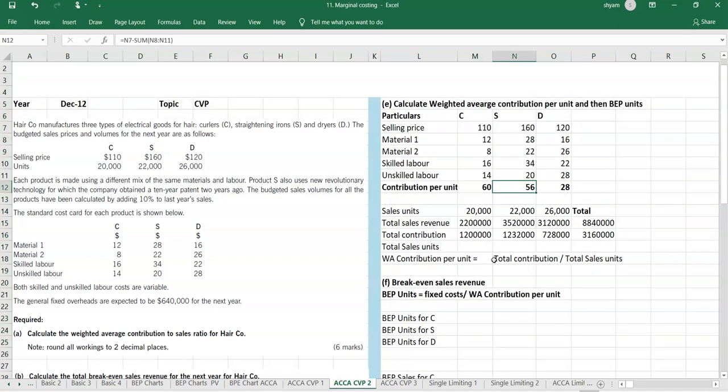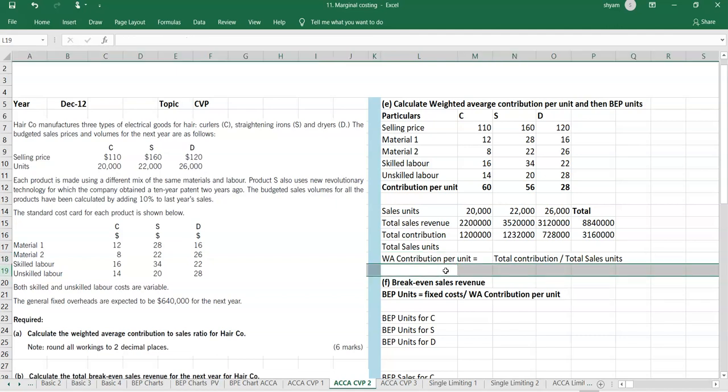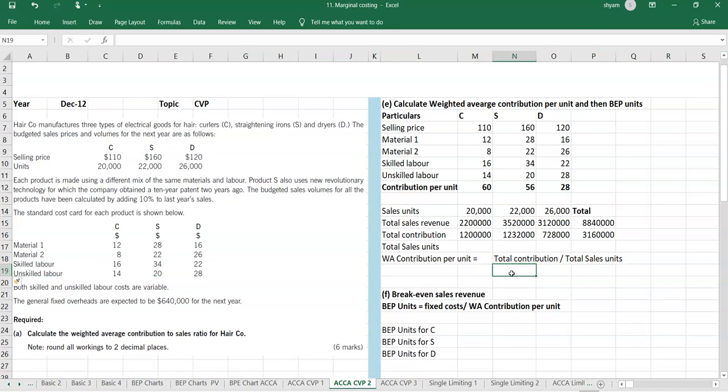The number that we want is this one, the weighted average contribution per unit. So we need total contribution, and we'll put it here. Total contribution, which is 31660000, divided by total sales, 8840000, into 100.